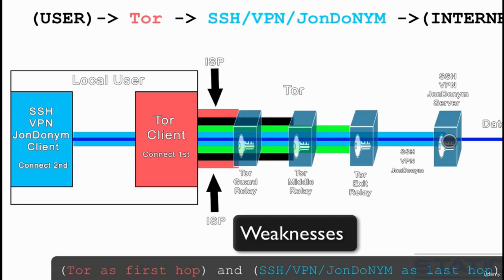Before this, the 3-layer multiple hop is connected, and the local user or Tor client first goes to the Tor guard relay, and of course with the help of the ISP, but in the last SSH, VPN, Jondonym server it is stopped. The SSH, VPN and Jondonym server is the best protection against the local user Tor client.